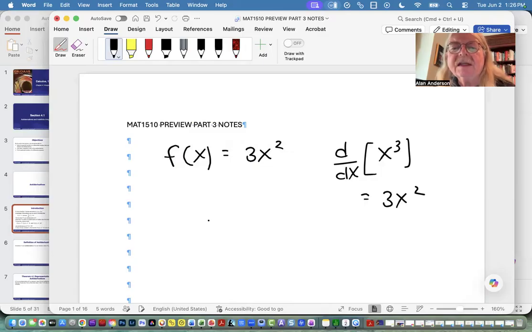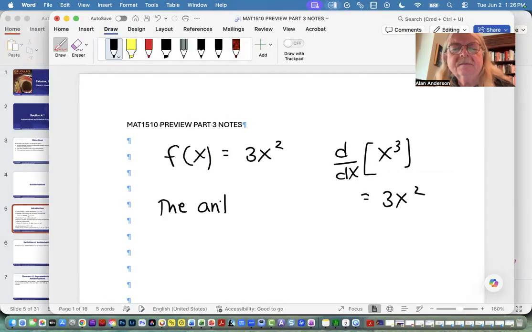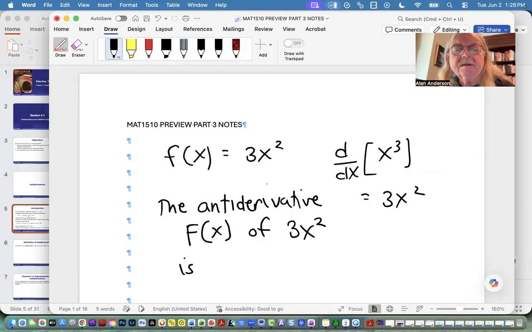So what this means then is that the antiderivative, as it's called, and by the way, we're going to designate that with a capital F, is x cubed.